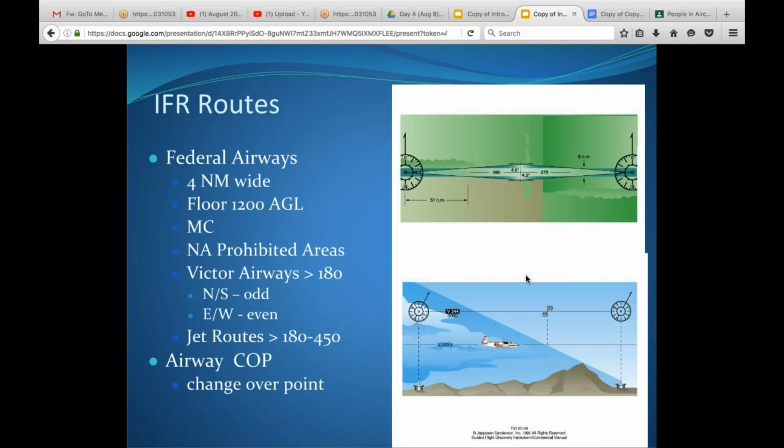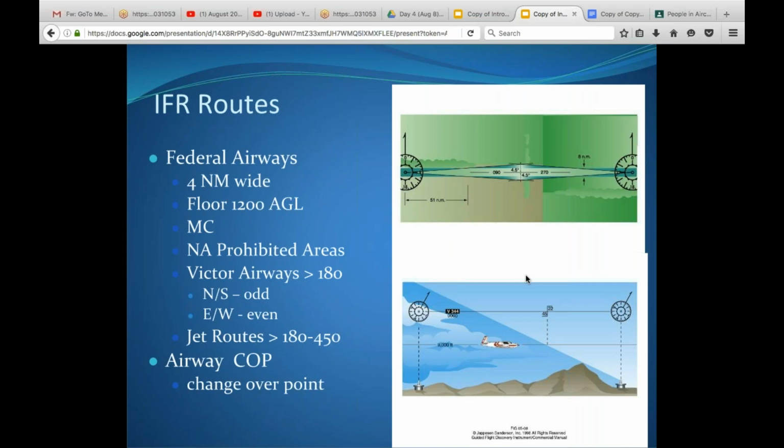Okay. In this class, we're pretty much solely going to be using ground-based navigation. We're going to talk about satellite-based navigation, though. That's the direction that all aviation is going.